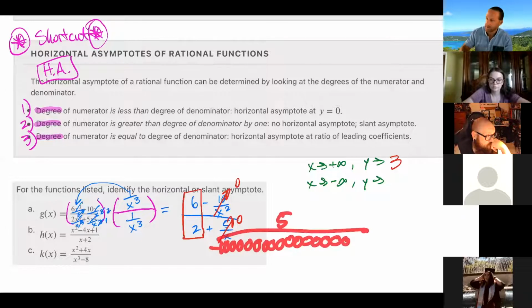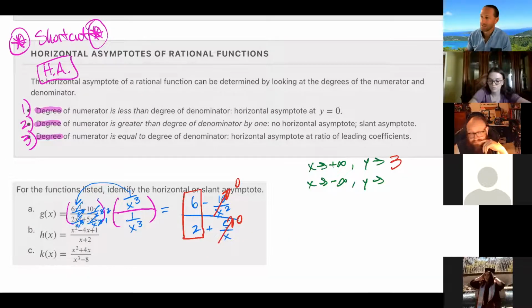What's 5 over that? You just get to negative 0, which is just 0. Very good. What does the negative represent? On the left side. Very good, Jenny. Excellent. It's from the left side; positive is from the right side of 0. It's still approaching 0, just from the other side. Very good.